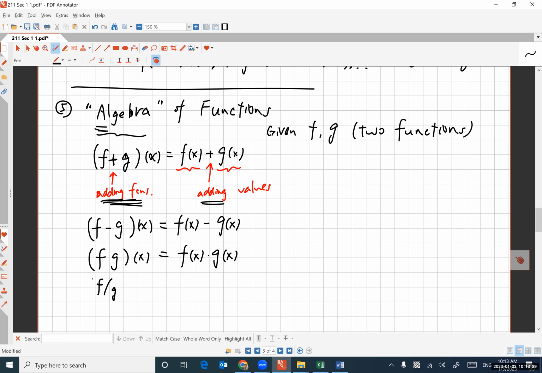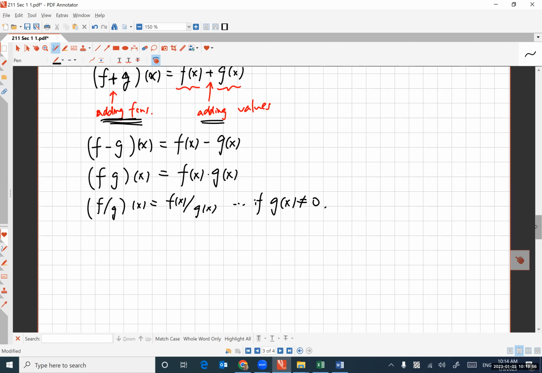The quotient of two functions is simply f of x divided by g of x. So these are all easy. Oh, by the way, one disclaimer: we want to make sure that g of x is not equal to 0 at that x. So that's not too bad.